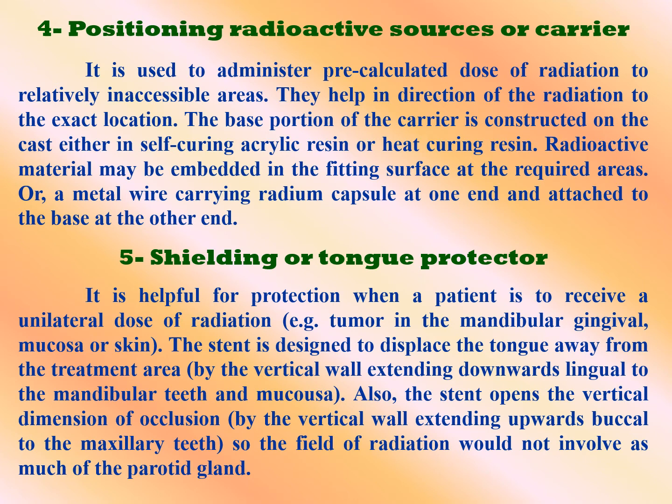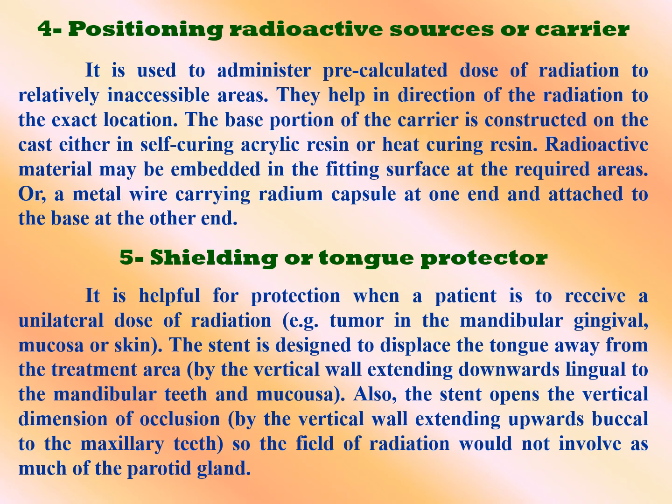The base portion of the carrier is constructed on the cast either in self-curing acrylic resin or heat-curing resin. Radioactive material may be embedded in the fitting surface at the required areas, or a metal wire carrying radium capsule at one end and attached to the base at the other end.